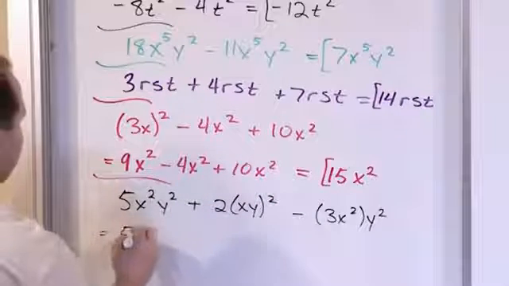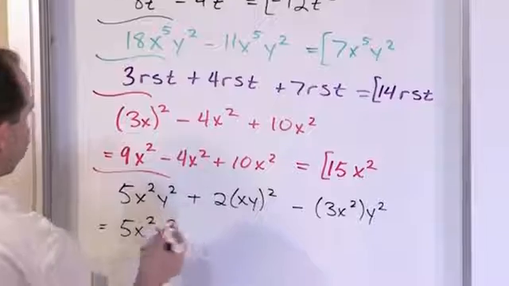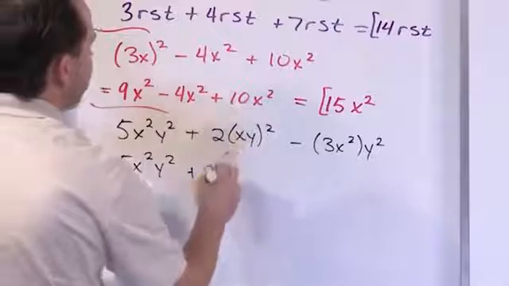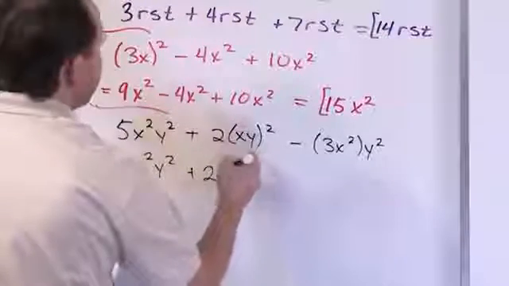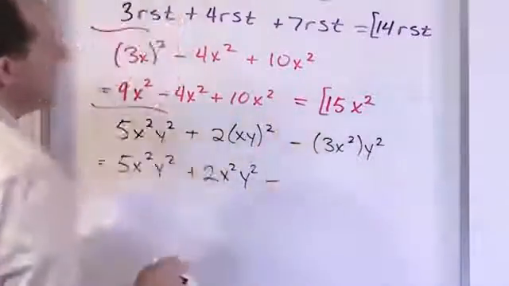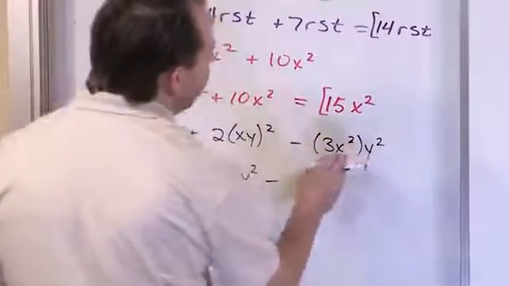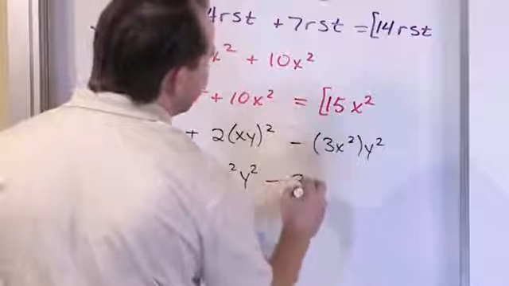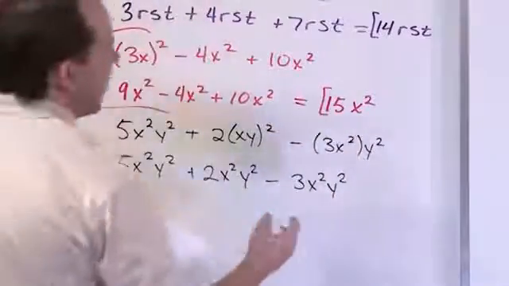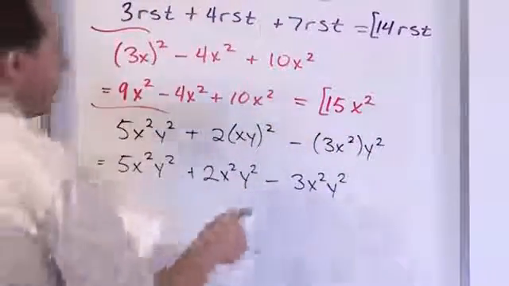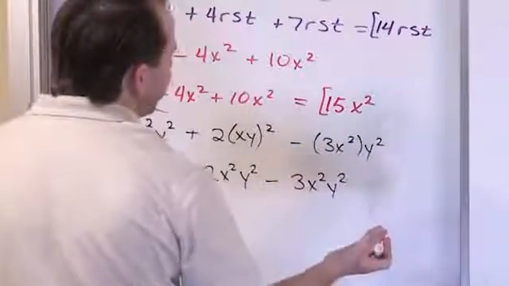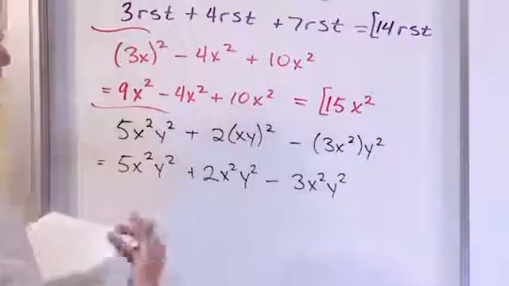So what we're going to have is 5x squared y squared, this just stays along for the ride, plus 2. X, with the exponent applied, is x squared. Y squared, because y also has the exponent applied. And then when we get to this last term, it's a little silly that it was grouped like this to begin with. 3x squared times y squared. You really don't need these parentheses. A lot of times on tests, they'll give you a parenthesis, but it doesn't really matter because there's no exponent applied out here. There's no number out front that needs to be multiplied in or anything. So it's really just sitting there for no real purpose. There's nothing added together inside, so I can just take them away.